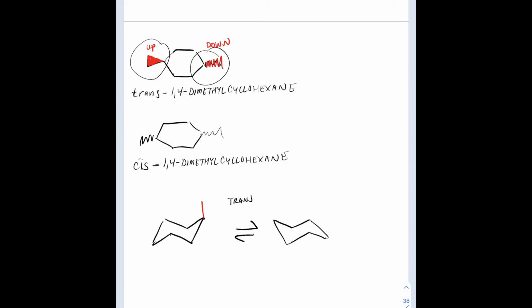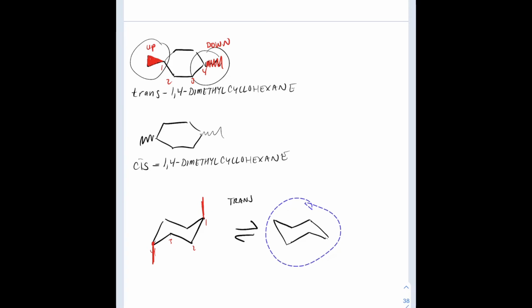So if we have an axial up, then 1, 2, 3, 4 carbons away, we need to have our methyl in the down position. And at this particular carbon, since it is a down C, the down substituent on it is actually in the axial position as well.